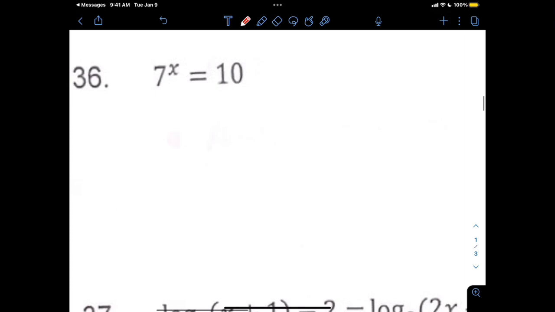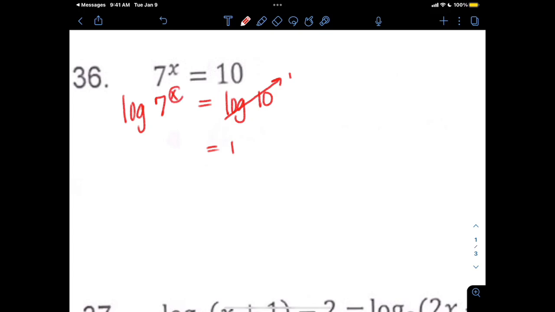Here we have 7 to the power of x is equal to 10. So I'm going to take the log of both sides. Log base 10 of 7 to the power of x is equal to log of 10. Now, this of course becomes 1.